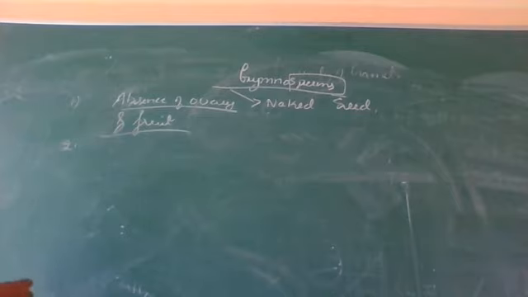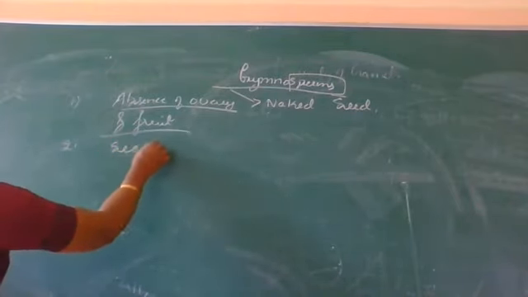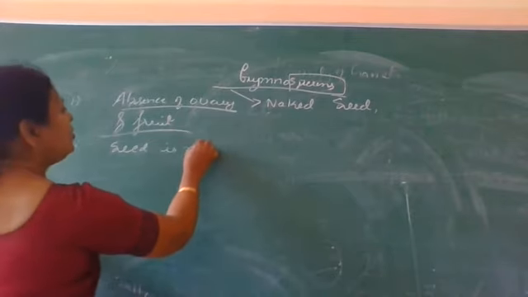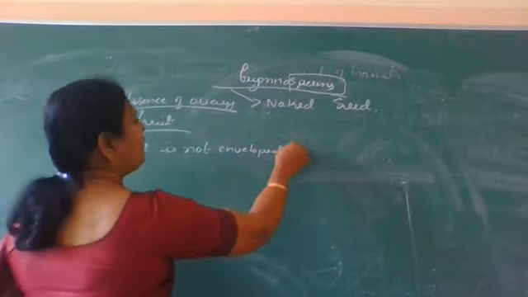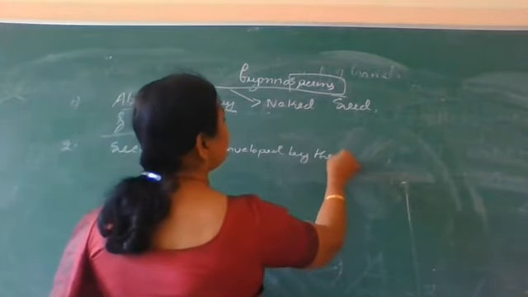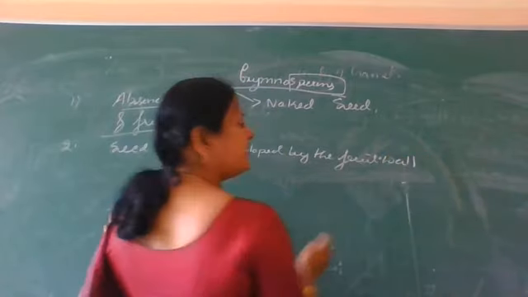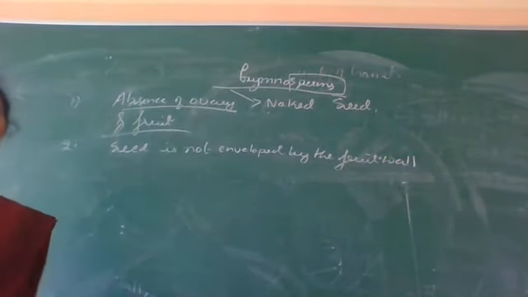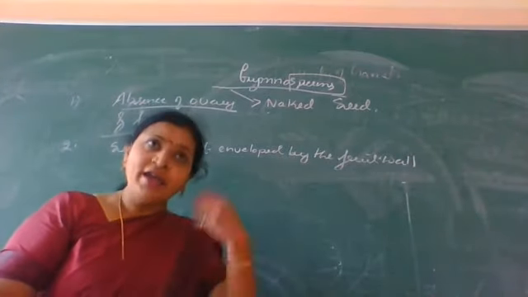Second, in these plants the seed is not enveloped by the fruit wall. What is absent here? Complete absence of the fruit wall, no ovary wall.